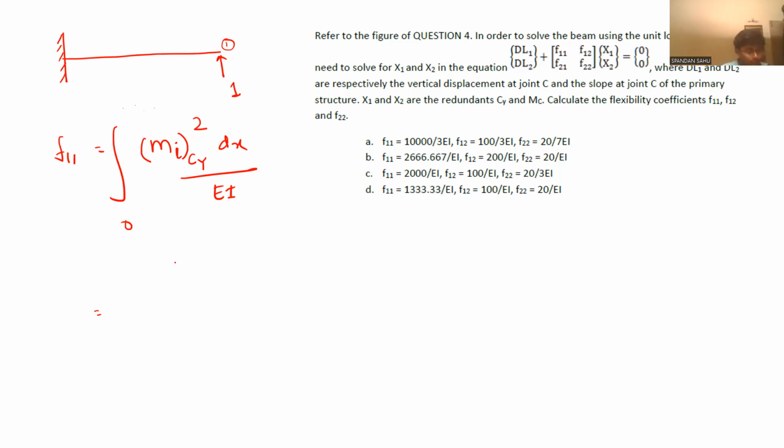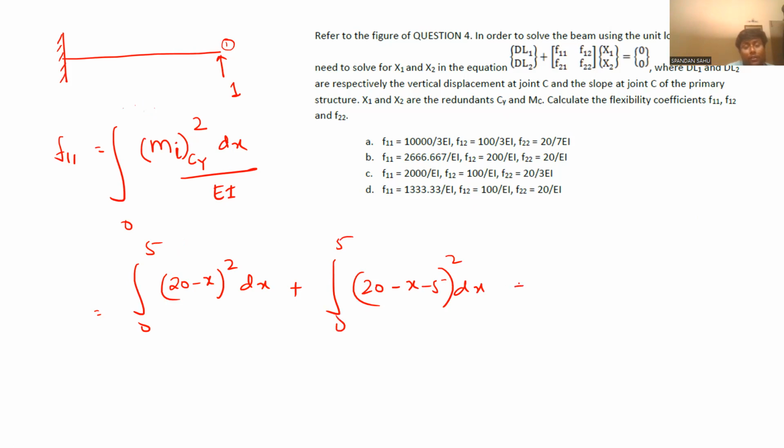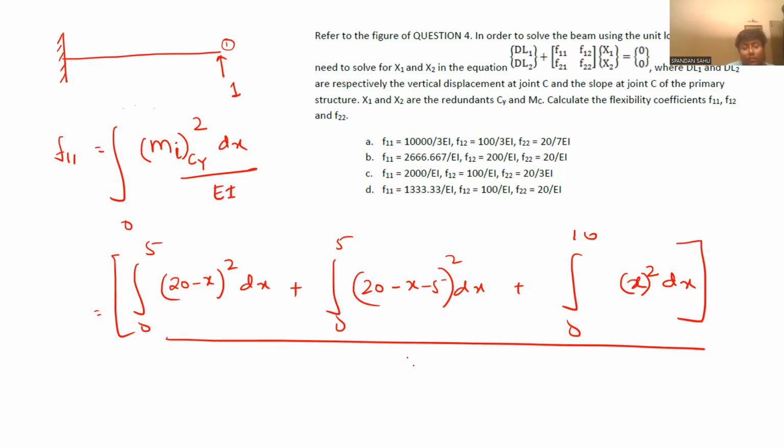Let us see, we have m1 square: 20 minus x square dx from 0 to 5, then 20 minus x minus 5 whole square dx integration from 0 to 10, whole upon EI. Here we got 2666 by EI.